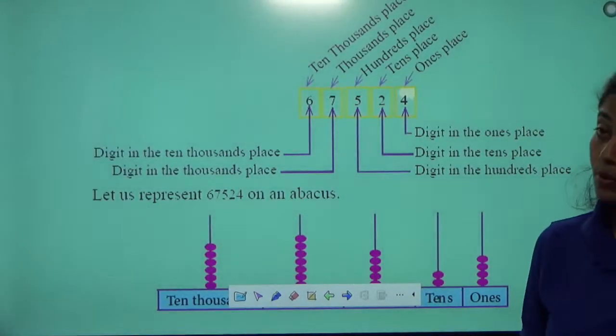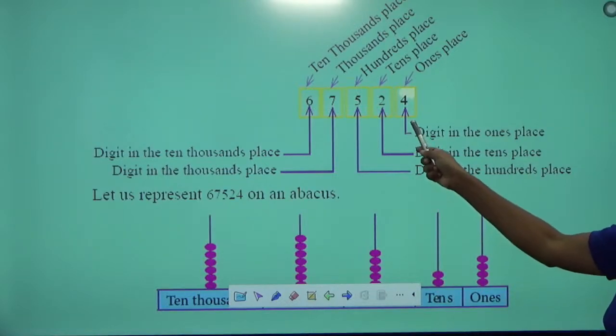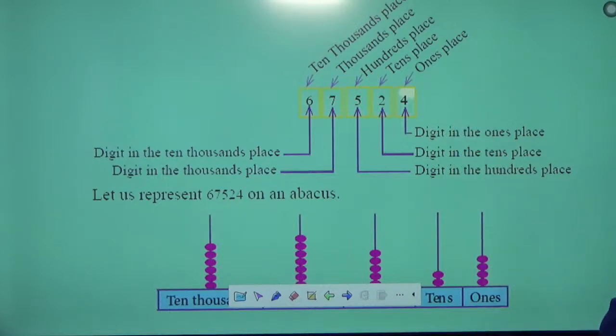Next one, you have to further learn about place values. Now, you have to learn about places up to 10,000. Here, the digit in the ones place you can identify, then the tens place I have explained. Then after that, what is the place you can find?